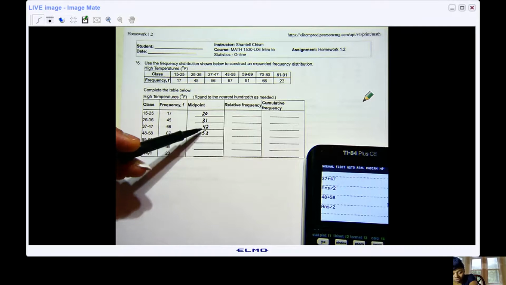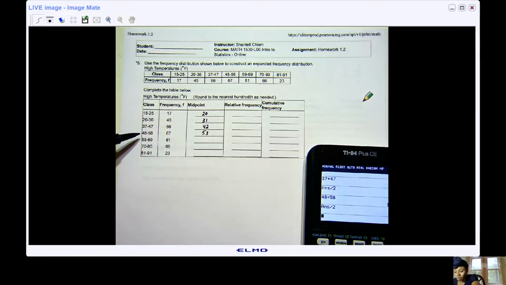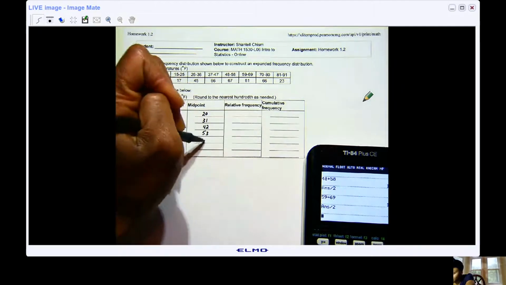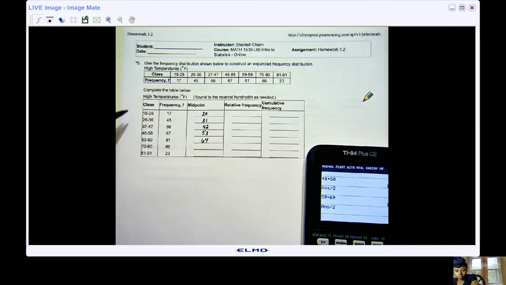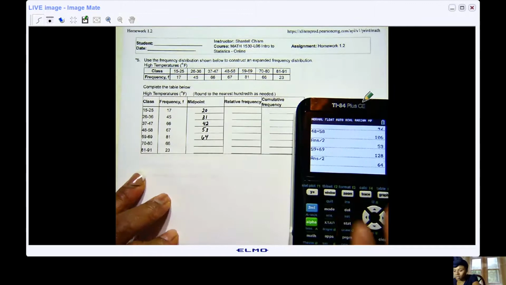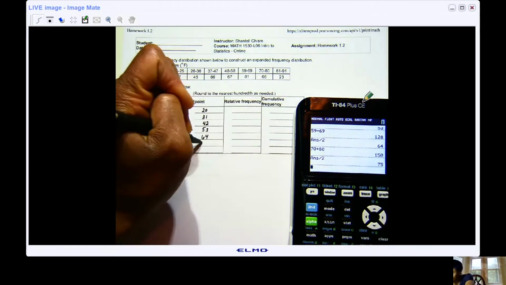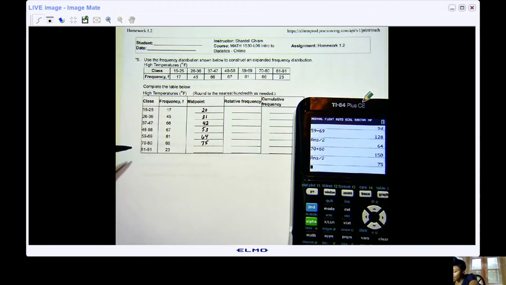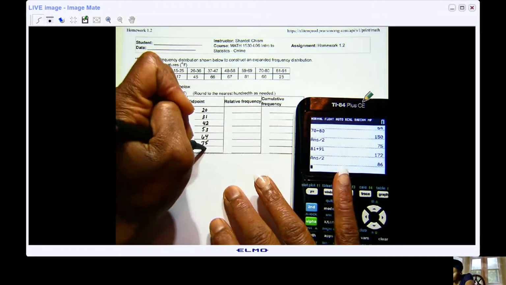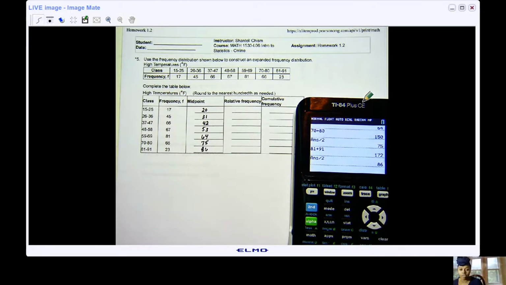You could find the rest that way, but the midpoint formula works as well, however you want to do it. So we got 64. Then 70 plus 80 should be 75. And lastly, 81 plus 91 divided by 2 is 86. Okay, so those are your midpoints.